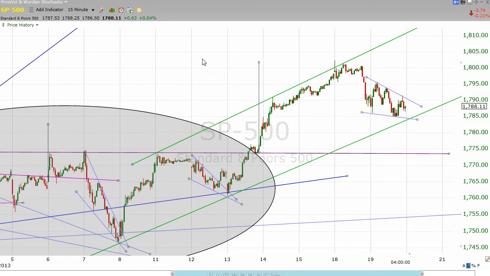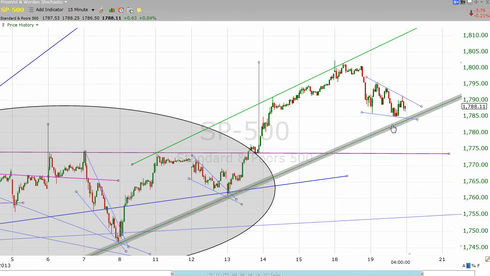Now remember, when you're trading an inverted head and shoulders pattern, there are three things to look for. According to John McGee in the back of his book, Technical Analysis of Stock Trends, the first thing you do is look for one of these three things. A pullback to the neckline. He says that's when you go long. Or a pullback to the line drawn from the bottom of the head through the bottom of the right shoulder.